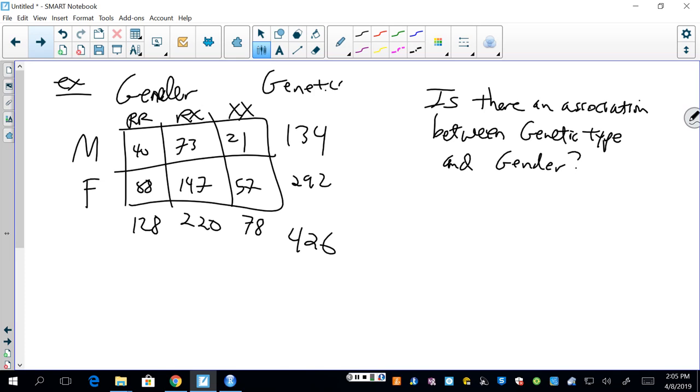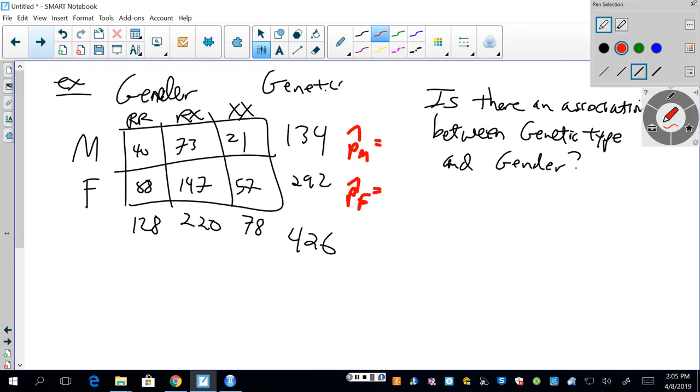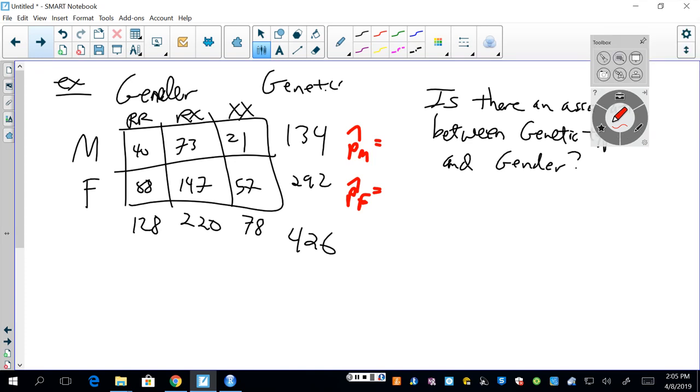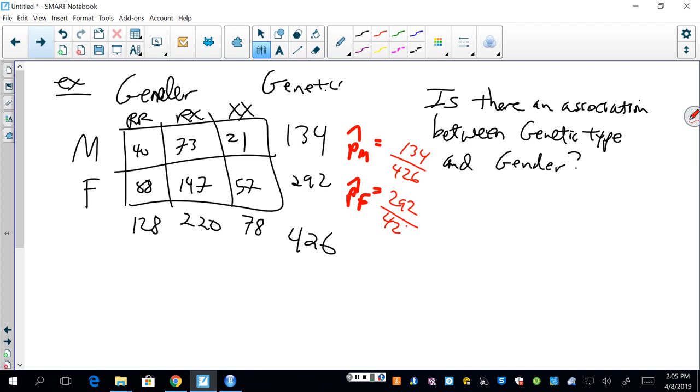We could do it the other way. We could count what's the percentage that are male, what's the percentage that are female. 134 over 426 are male, 292 out of 426 are female.